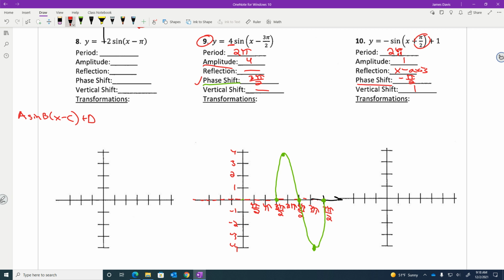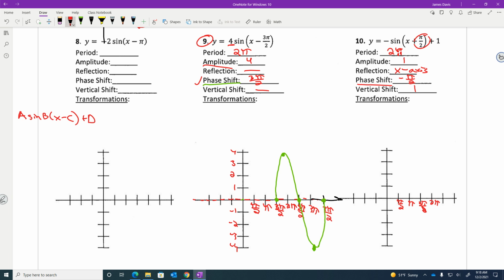Alright, so still follow the same steps. We're going to start by labeling our axes. Since it's 2 pi, we'll start just the same. Go over 4 spots. 2 pi. Might have to expand it, but start there.